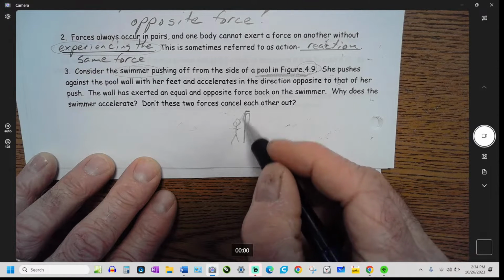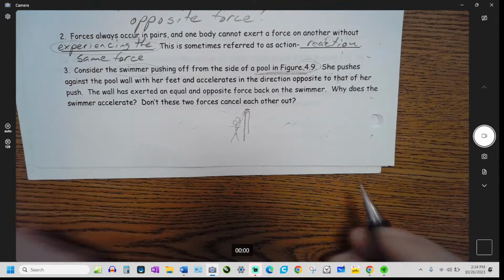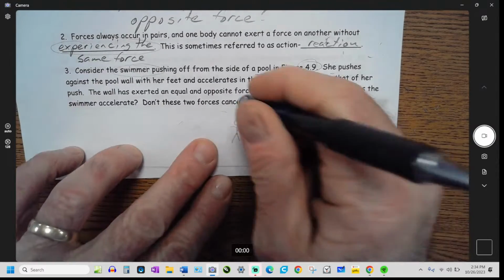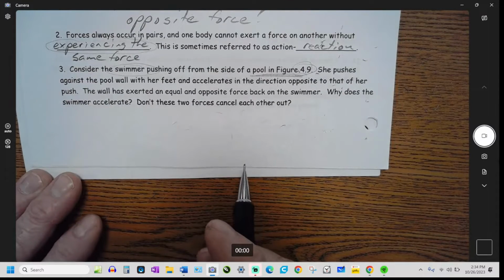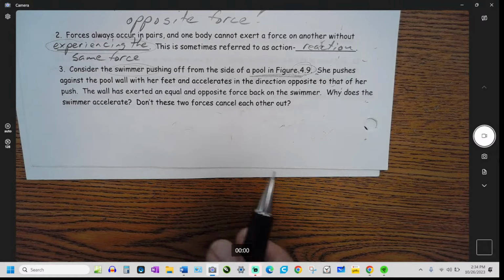Was I pulling down on the top of the door, or was I pushing down on the door? I mean, I was kind of pulling my body up, but I was pushing down on the door. It just helps us visualize what's going on.